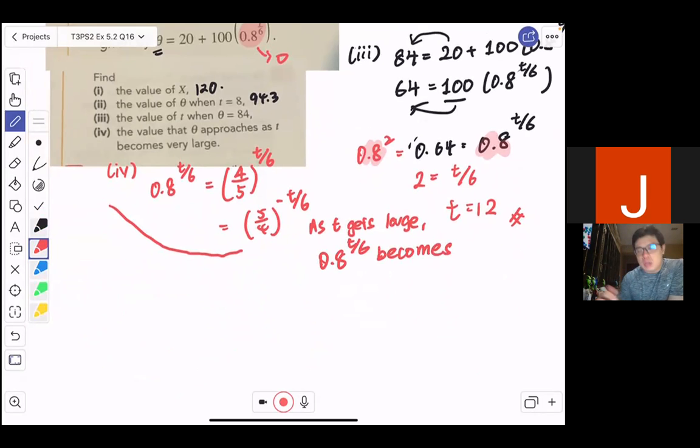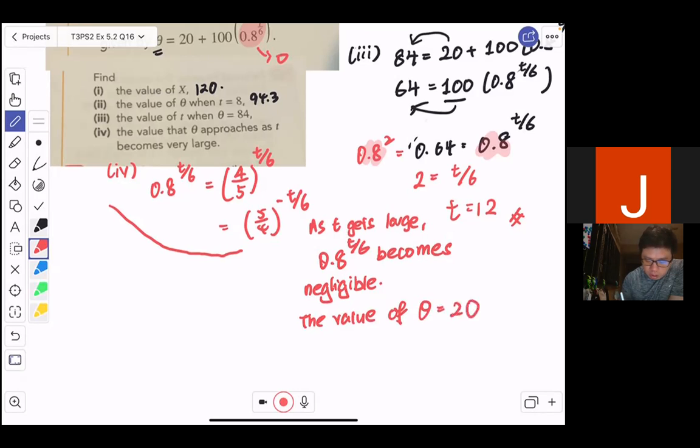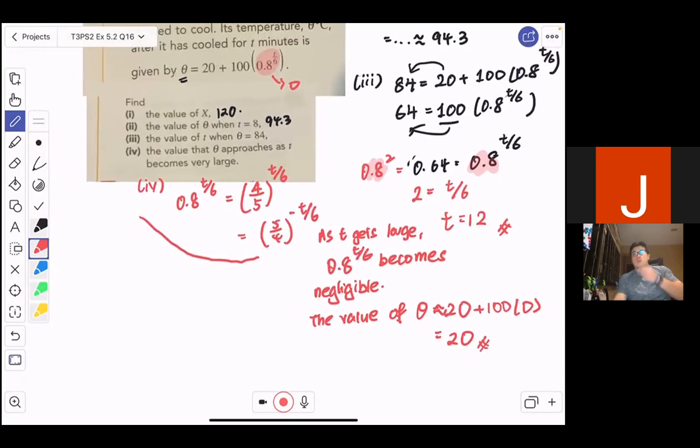Therefore, we can substitute 0 for 0.8 to the power of T over 6, which gives approximately 20 plus 100 multiplied by 0, so the value is 20. That's what theta will be when time gets large.